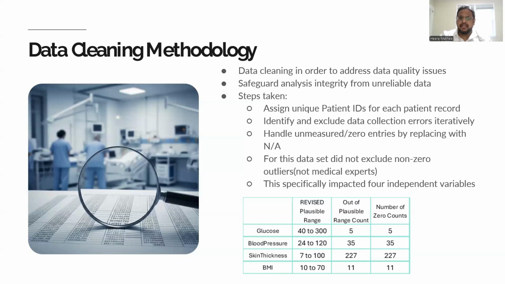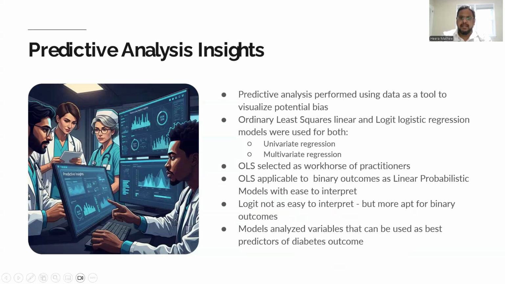And once we had the cleaned data, we then, as a next step, did some predictive analysis. Now, although the purpose of this assignment was not predictive analysis, we thought it was important to do some predictive analysis using the data, which would then serve as a perfect segue or foundation to showcase the bias that is inherent in the data and how that impacts the use of the data. So in order to do this, we picked the diabetes binary outcome as the dependent variable and used all the 8 independent variables as inputs.